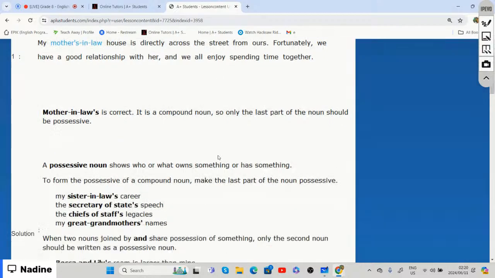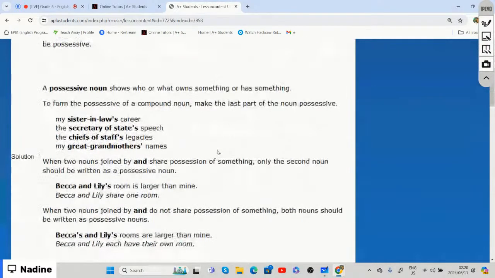We said that a possessive noun shows who or what owns something or has something. And to form the possessive of a compound noun, we need to make the last part of the noun possessive, right?